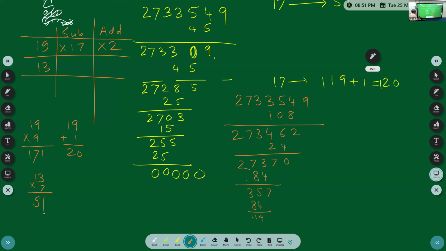So the unit place should be multiplied by 9 for the subtraction test. And what is the number that you get easily with 9 in the unit place? There are three threes, 39. 39 plus 1, 40. So multiply the unit place by 4 and add.